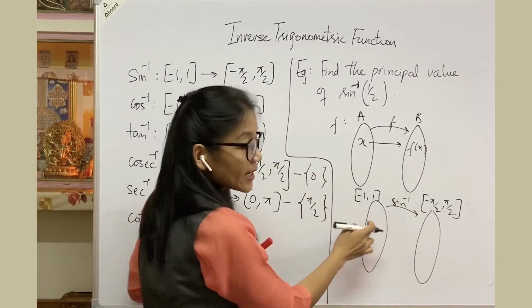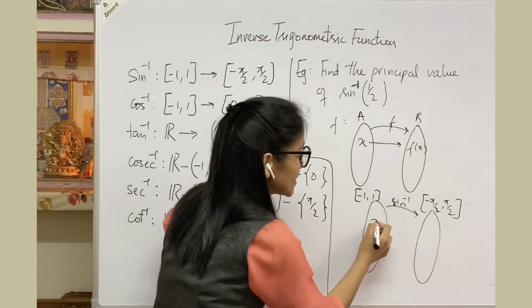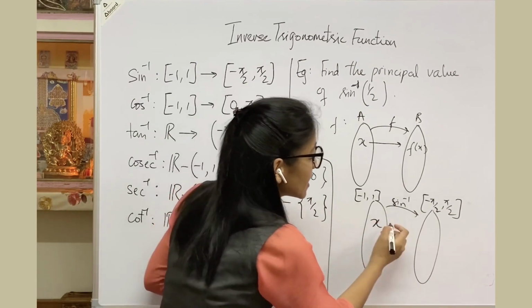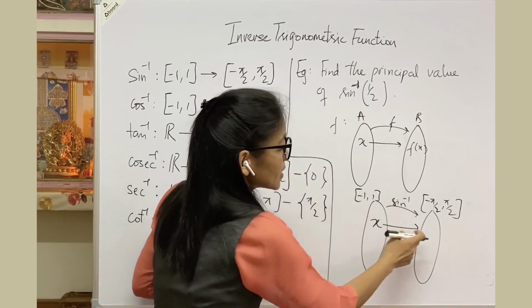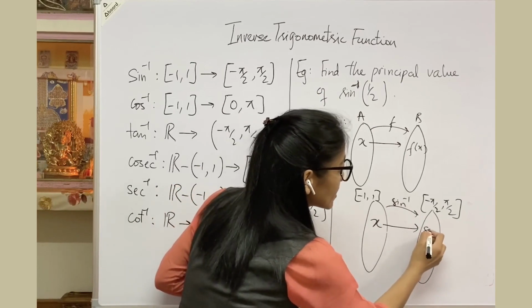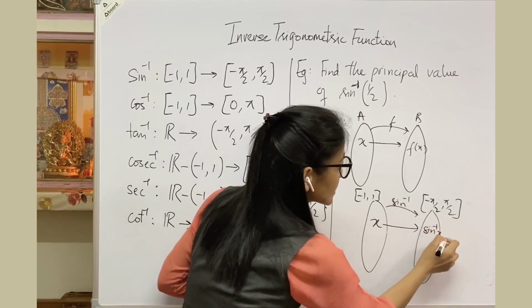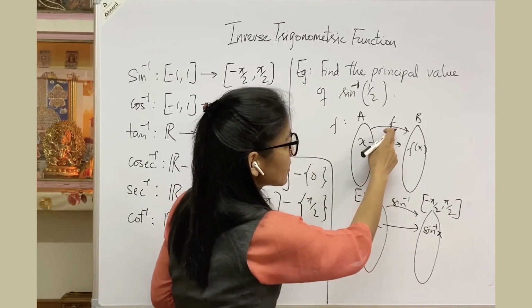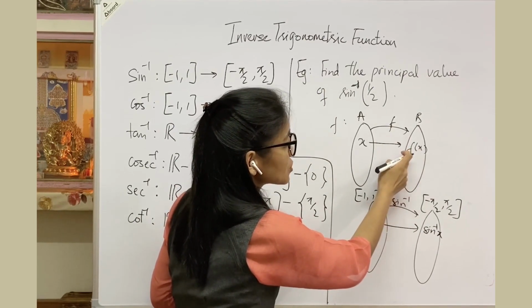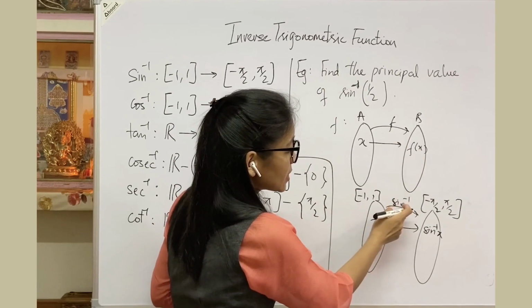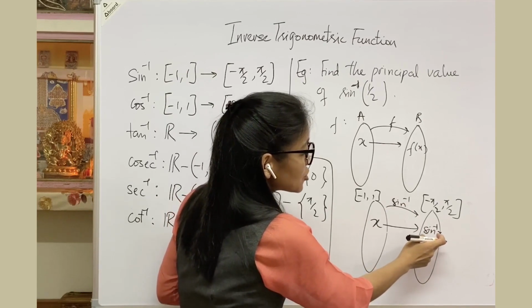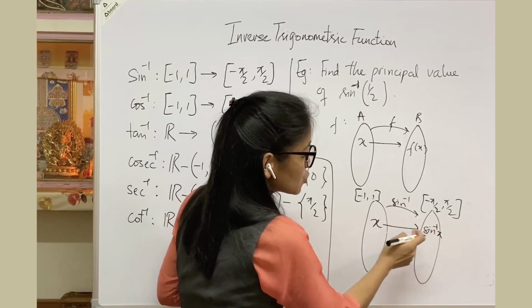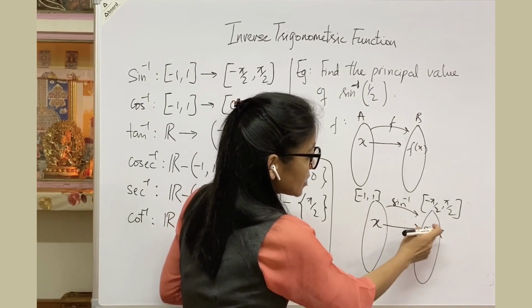Now if I take x in this set, then I will get an image here. That image I will denote by sine inverse of x. When my function is f, I write image of x under function f. Here my function is sine inverse, so I write sine inverse of x.